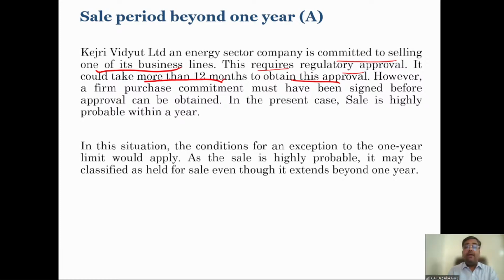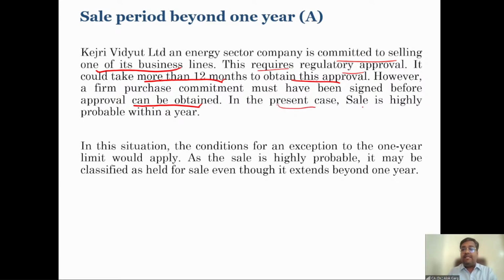However, a firm purchase commitment must have been signed before approval can be obtained. So the company will apply for approval only when there is a binding agreement. And there is a binding agreement, right? And approval may come within 12 months, or it may take more than 12 months, which is outside the entity's control, this regulatory approval.